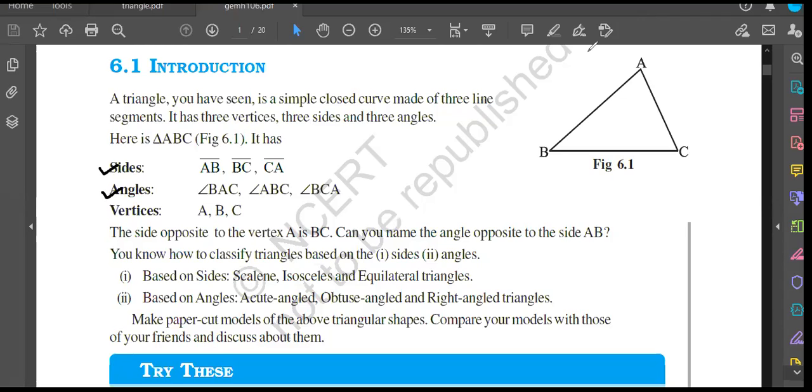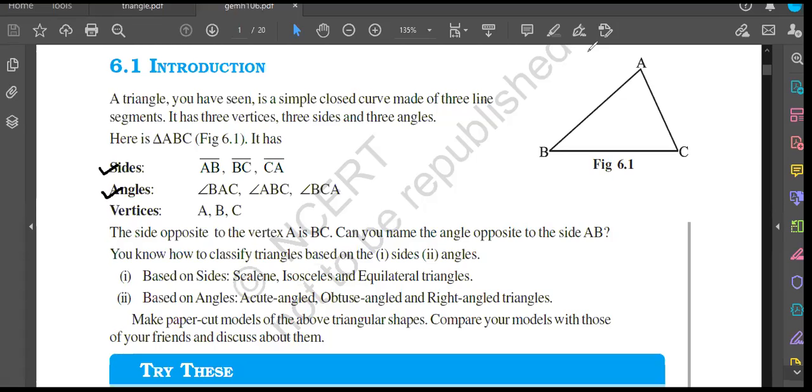So anything can be categorized based on some parameter. Since we have two different types of parameters, sides as well as angles, I can categorize my triangle into two parts: first based on sides and second based on angles.